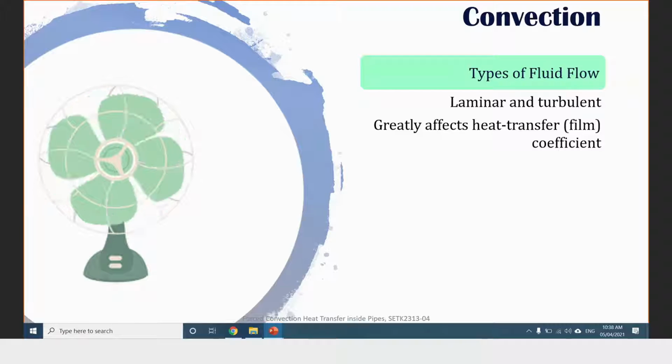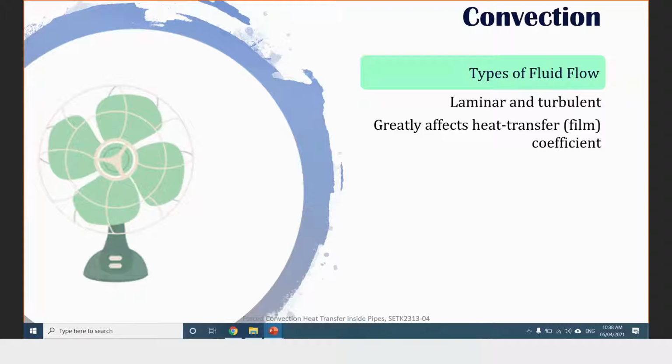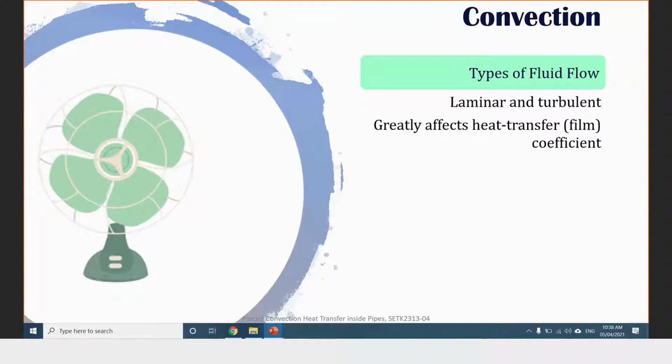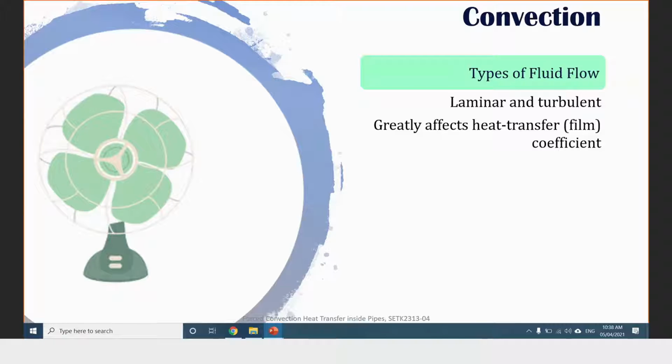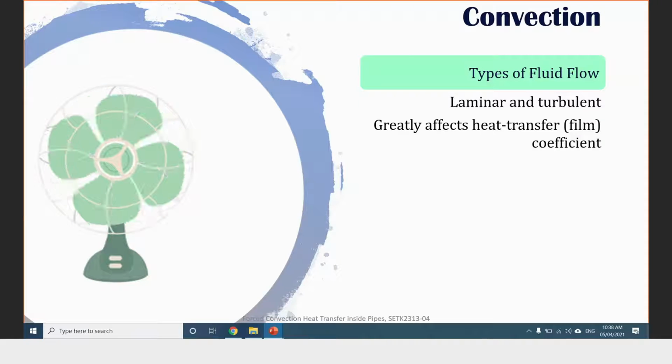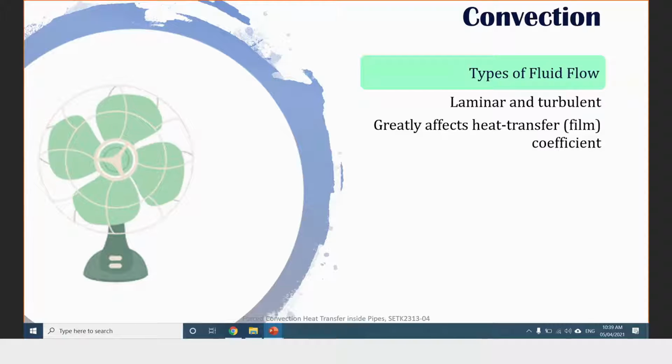Convection usually occurs within a fluid, which is the air here, so it can occur at the surface of this bottle. But if you focus right on the surface of the bottle, there is a very thin boundary layer which we call a film, where there is basically no movement of fluid.